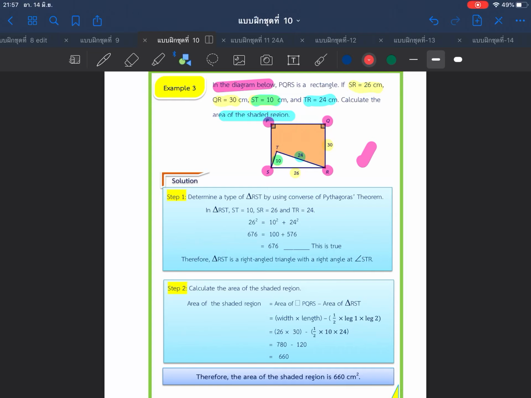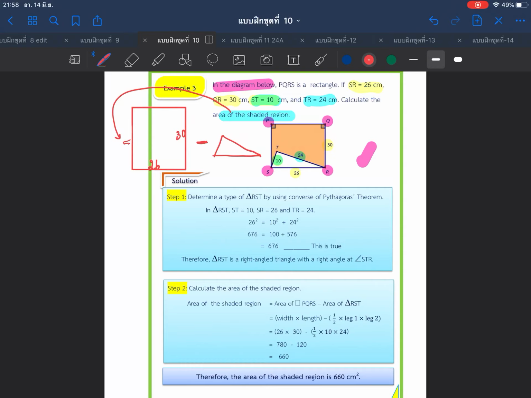Okay, better. This side is 26, this is 30. The area of the shaded regions is equal to the area of the rectangle minus the area of the triangle here, but we don't know what type of triangle it is.